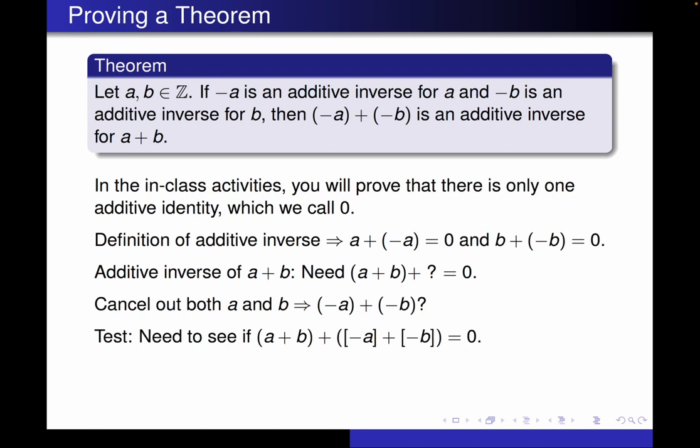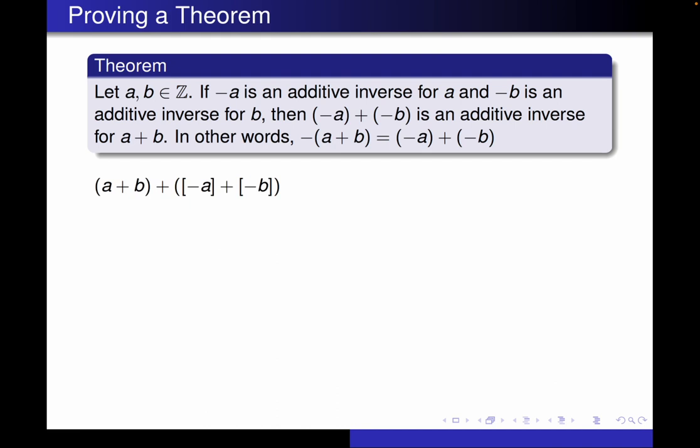If you didn't see what I just did there, I just changed the theorem at the top of the slide to indicate that that's what we're going to try to prove. In other words, the additive inverse, the negative of a plus b, is equal to negative a plus negative b. So in order to prove this, we've got to take a plus b, add negative a plus negative b to it, and see if we can get 0.